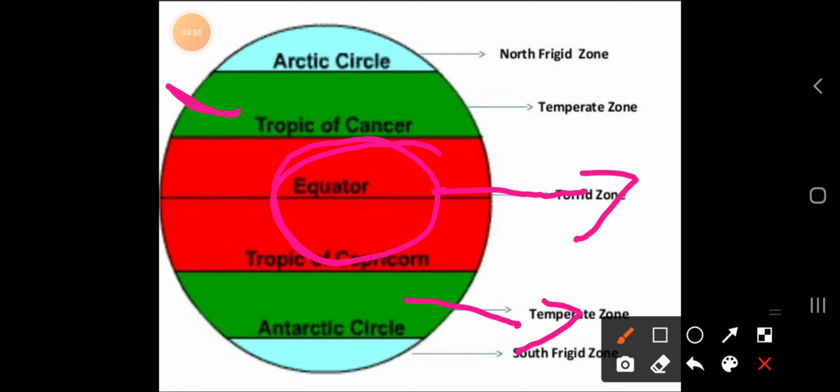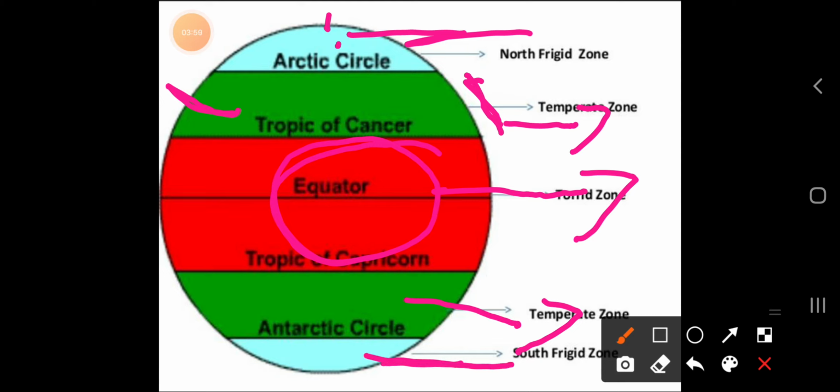The area lying between the Arctic Circle and the North Pole in the northern hemisphere is the North Frigid Zone. Then the South Pole and Antarctic Circle, this area is called the South Frigid Zone. Is it clear?